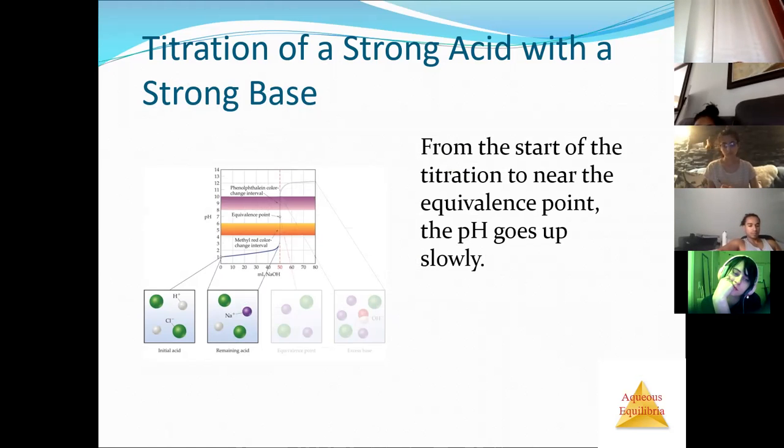So it's going to go up almost vertically at that point, to the point where it then starts to even out and becomes steadily even. When I've reached this point, I'm pretty much just getting the pH of my base at that point.